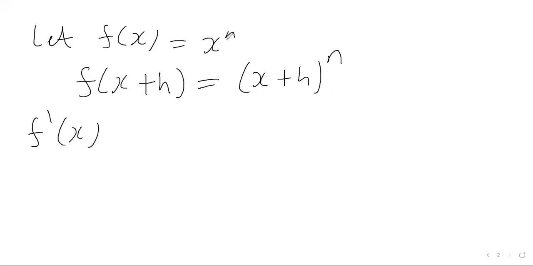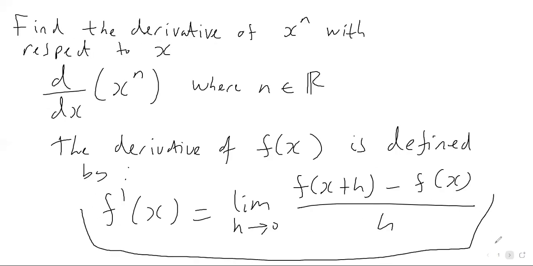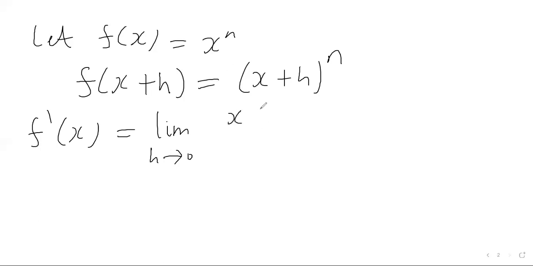So the derivative of x to the power of n is the limit as h goes to 0 of f of x plus h, which is x plus h to the power of n, subtract f of x, which is just x to the power of n, and then divide by h.